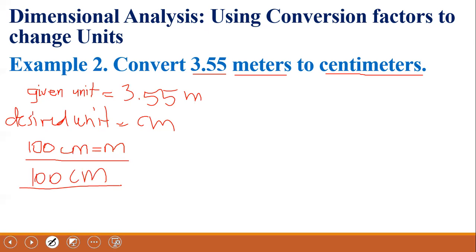So, this is a representation of our two conversion factors. 100 centimeters over meter and meter over 100 centimeters. Okay? However, only one of these conversion factors will allow for the cancellation of the given unit. Specifically, the unit to be cancelled must be written in the denominator of the conversion factor.